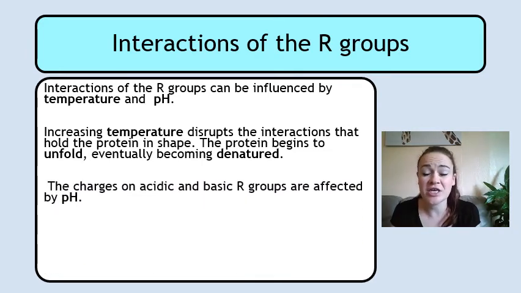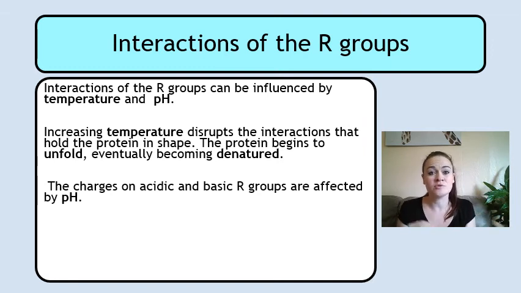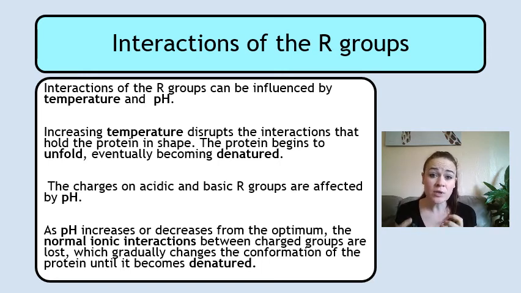A change in the pH will also affect some R groups, and it will affect them differently, because remember, some R groups are acidic and some R groups are basic. So if we change the pH in the surrounding area, it's going to affect acidic R groups differently from basic R groups. If you increase or decrease the pH too much away from the optimum, then the normal interactions occurring between the charge groups are lost.